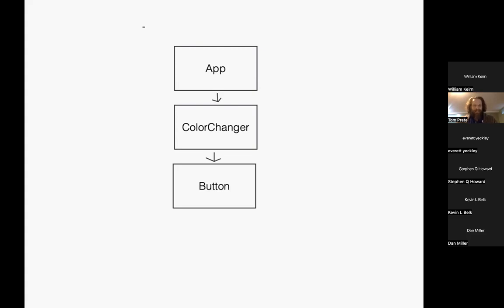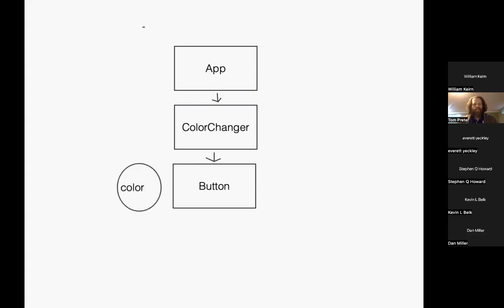So another thing to keep in mind is that our state, this will be a circle. So our state kind of belongs to button, which is, let's just say, color. So our state belongs to button. It was here, now it's here.